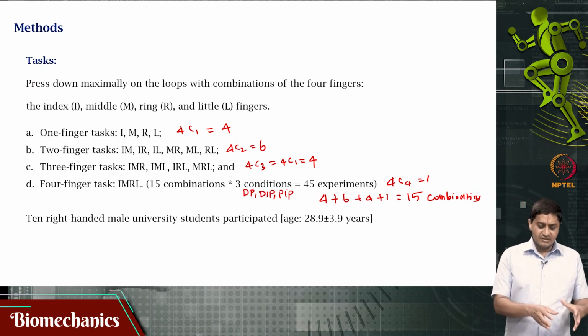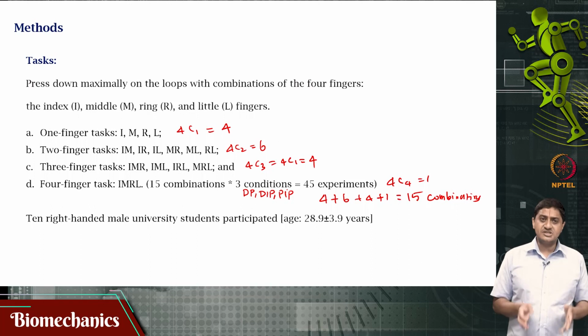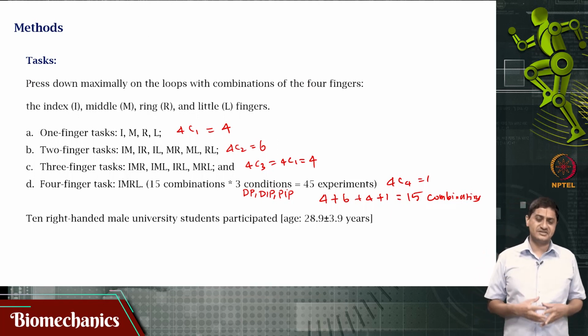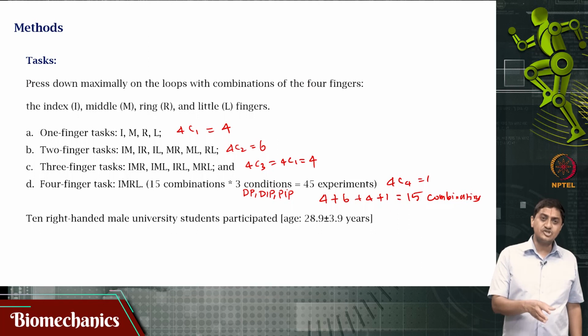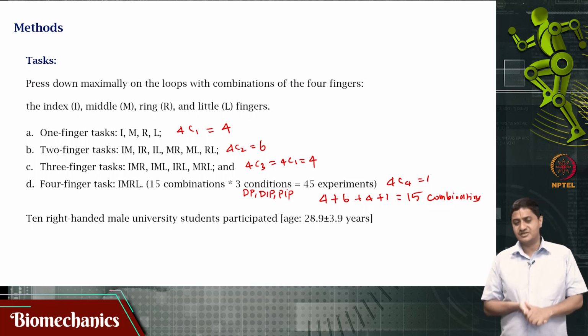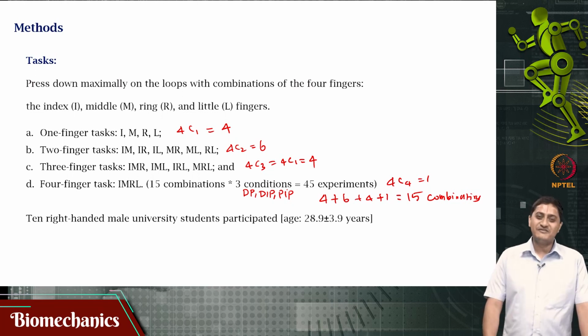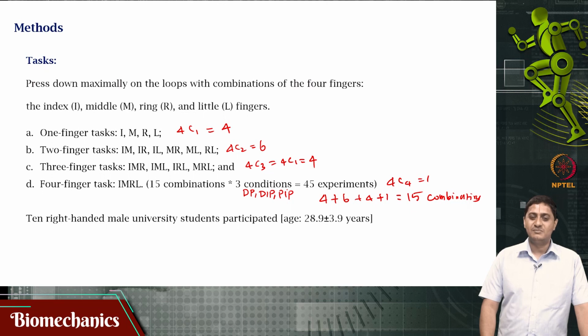So these are the combinations for which the instruction is given. Forces are always measured in all the fingers in all the conditions, but these are the instructed or the master fingers. Okay, these are the various possibilities. So we will continue this discussion of how they analyze this data and maybe even some of the results in the next video.